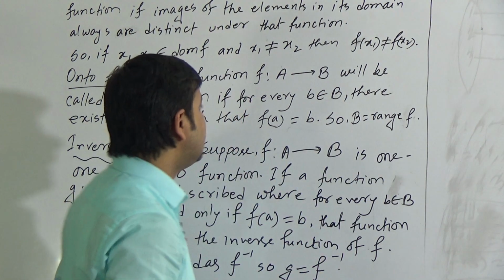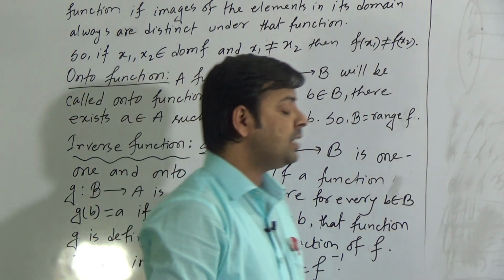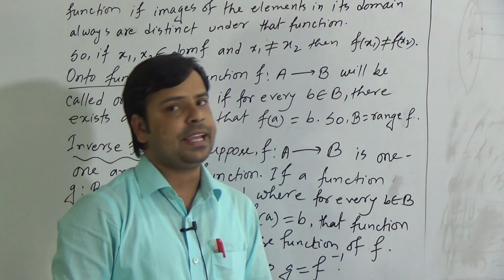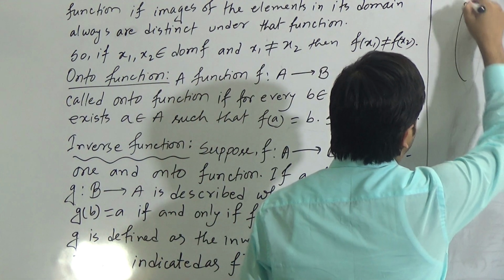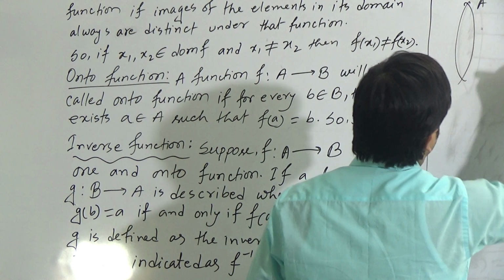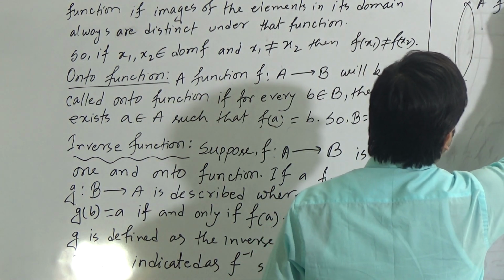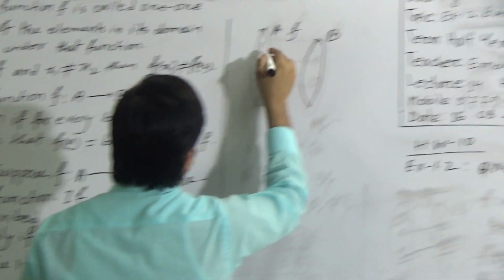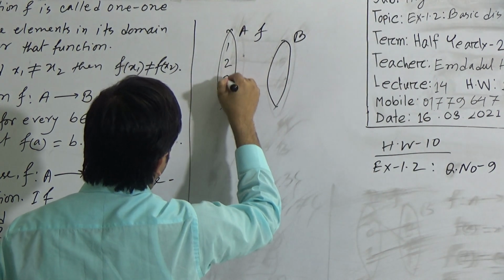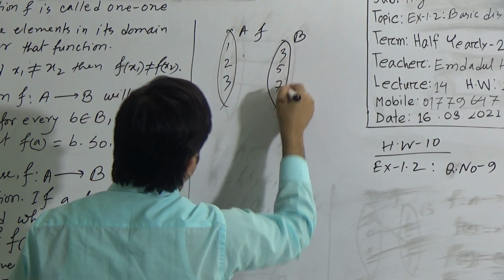What does it mean? It means that for every b belongs to B, we get an a belonging to A. Suppose A is a set and B is another set. Now, if we define a function f from A to B, here the elements of A are 1, 2, 3 and here the elements of B are 3, 5, 7.